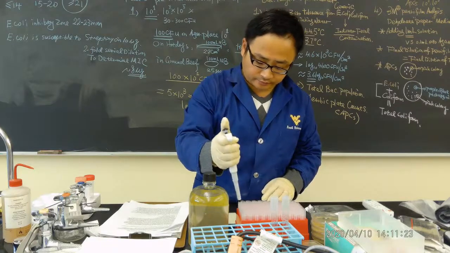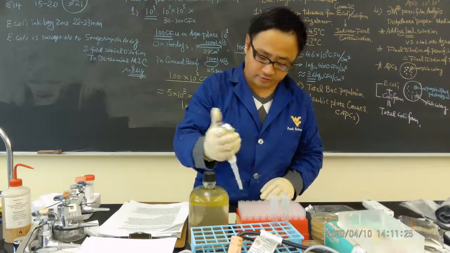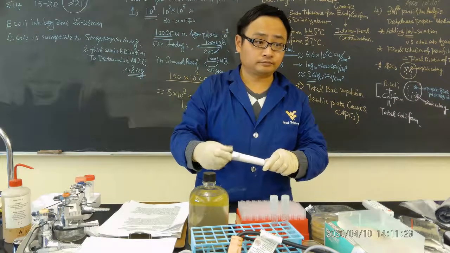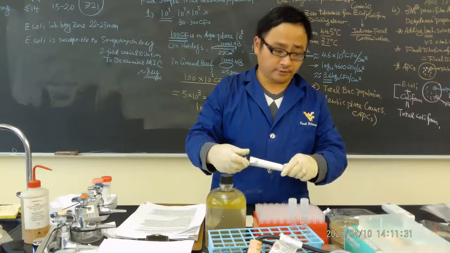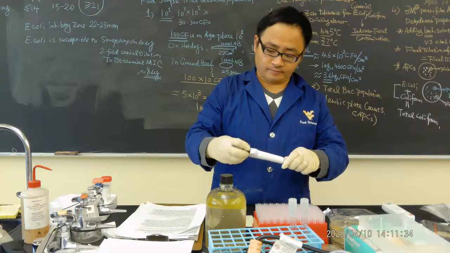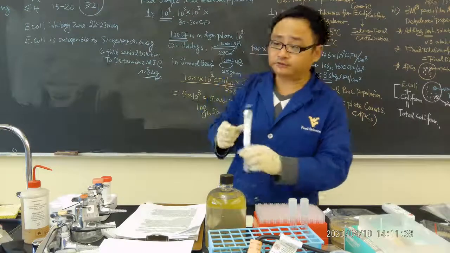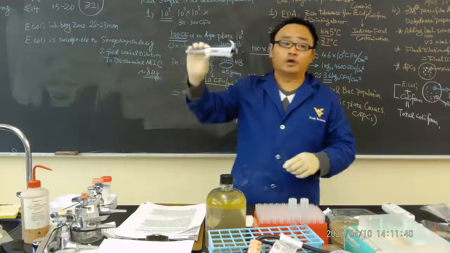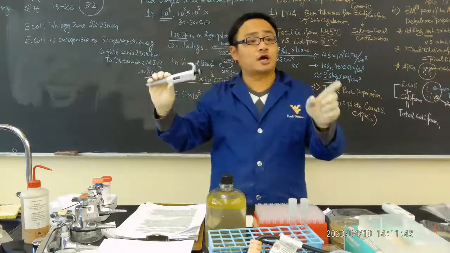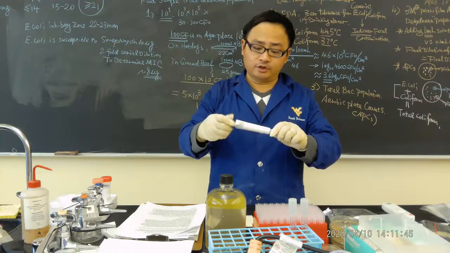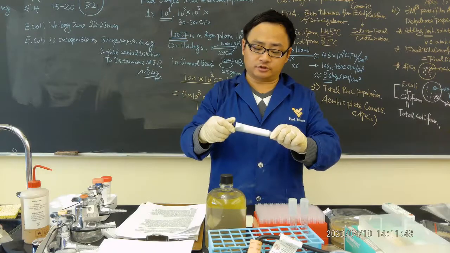Let's say, oh, that might not fit. These type of tips might not fit. So can I have the smaller one, the one in the middle? Now, the first thing you do when you do the dilution, you still use 100 microliters, but when you add it there, you need to make sure this is at 1000.